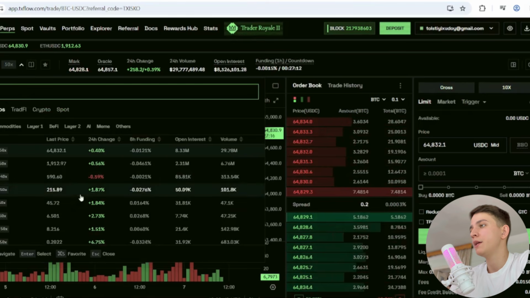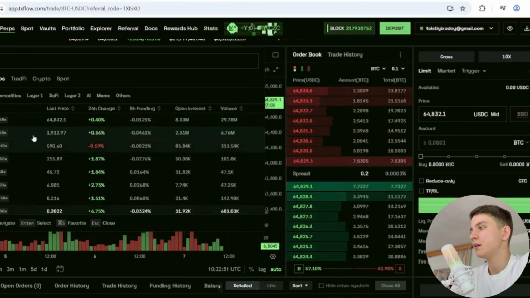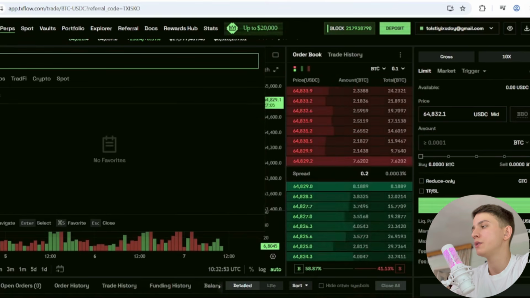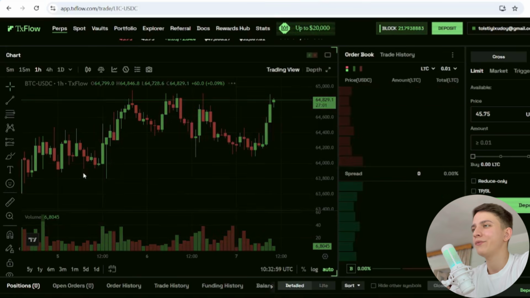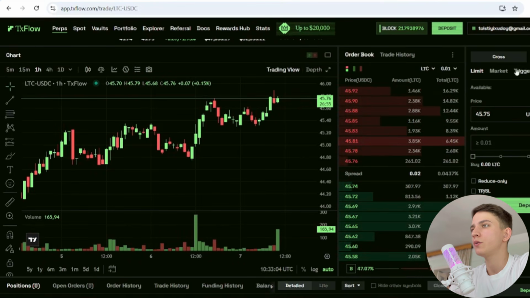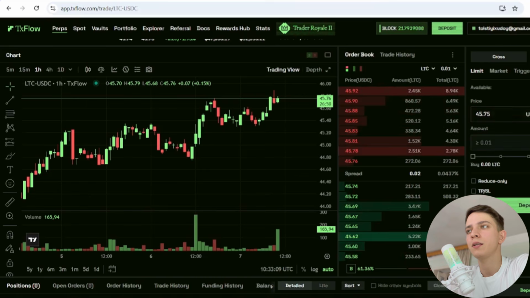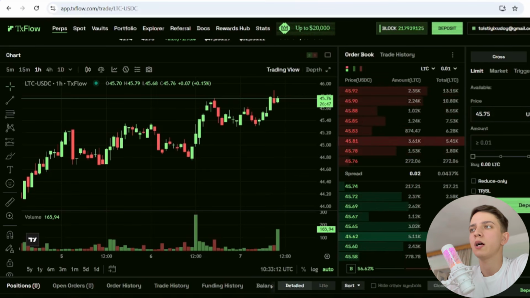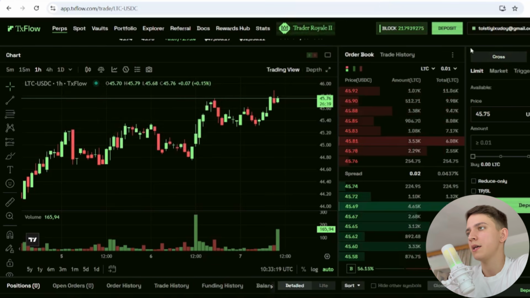Also there are so many pairs, for example Ethereum USDC, BNB, Litecoin and so on, guys, and also with 50x, so you can choose your favorite. For example with Litecoin, okay, if Bitcoin goes up, it's going to go up also, so you can also open with small leverage, for example with 3x and so on. You can start with 10x and go until 50x, guys, and you can take a look.